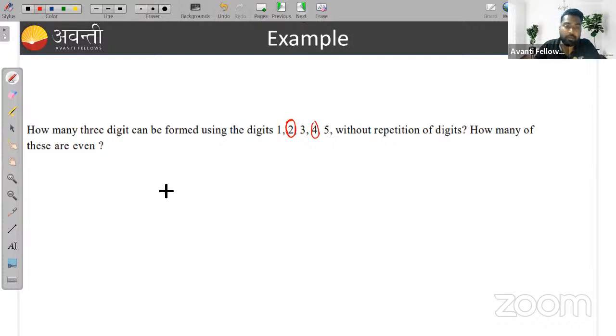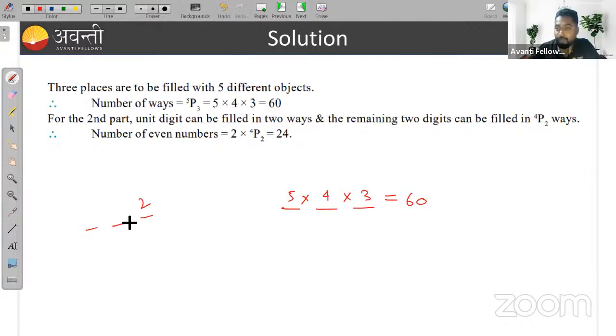Since we have already used 1 digit, for the remaining places we are left with 4 into 3 options. That is 24. Or using the permutation formula, 2 into 4P2. So 24 even numbers can be formed. Clear? I hope this is clear to everyone.